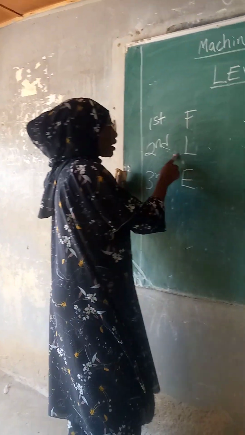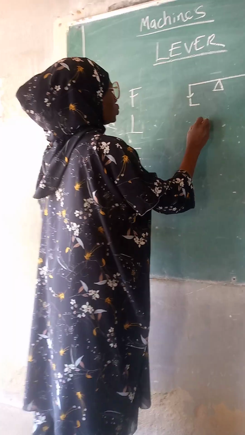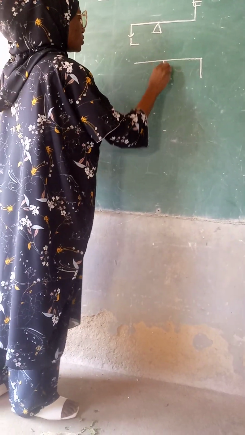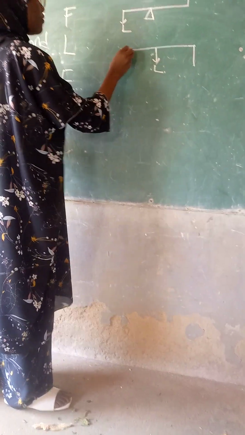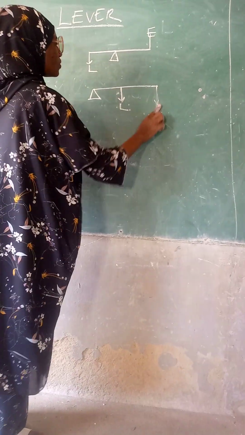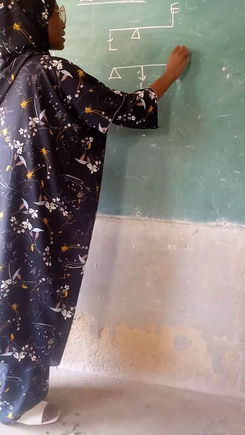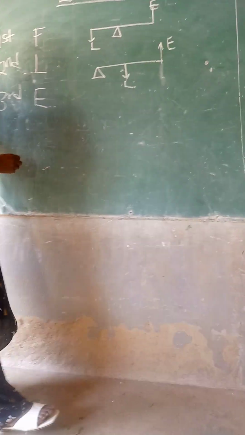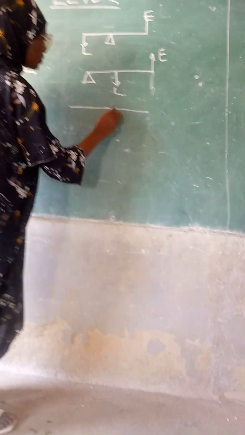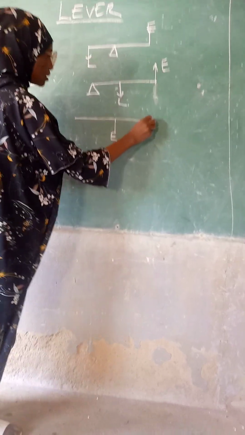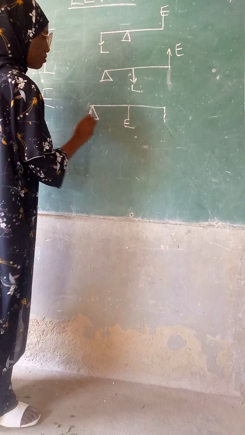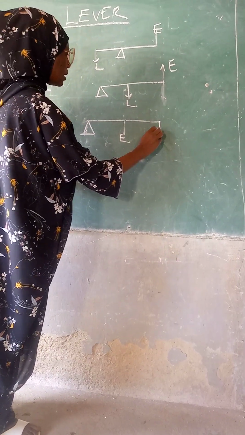Then for second class, the load is between the fulcrum and the effort. Anyhow you want to draw, you can draw the 2 sides in the same direction. Now we have the third class: the effort is between the fulcrum and the load.